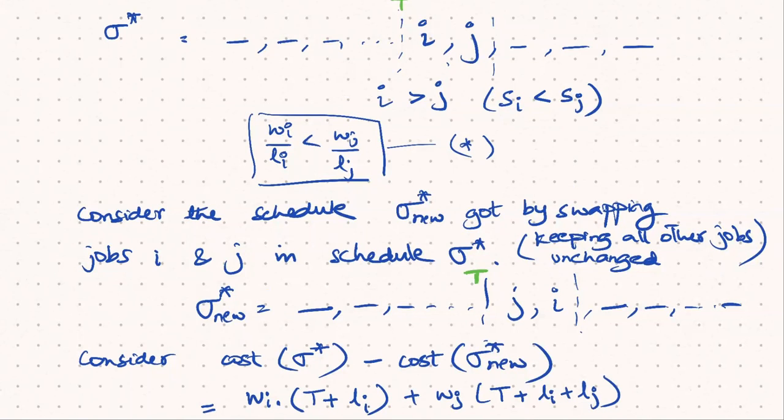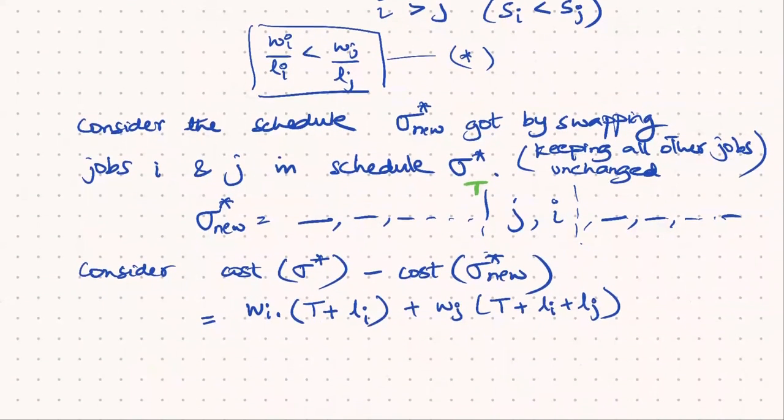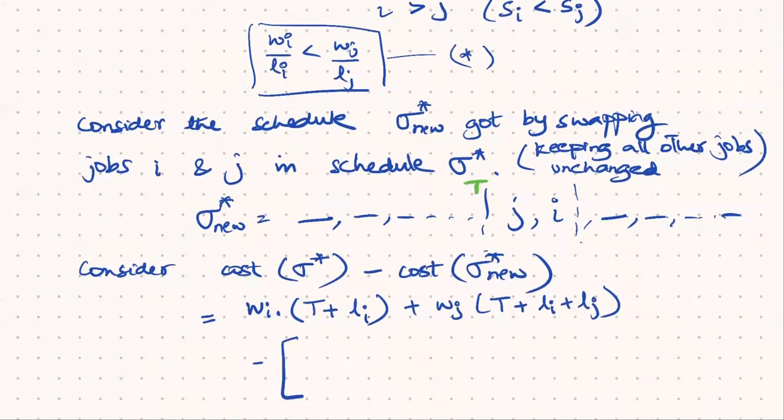Okay, so that would be the term for this, and what remains would simply be minus the contribution of these two terms to the weighted completion time of sigma star nu, which is simply the weight of j times the completion time of j. What is the completion time of j in that schedule?